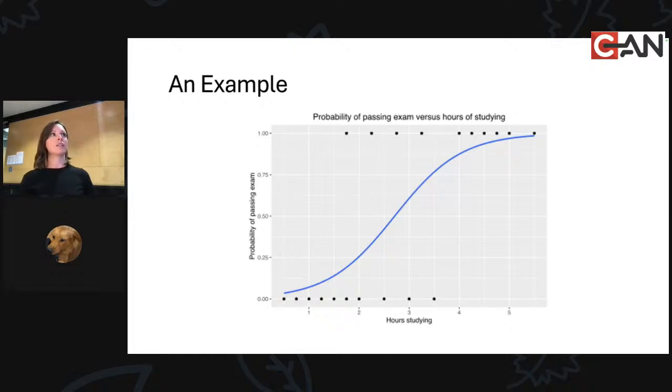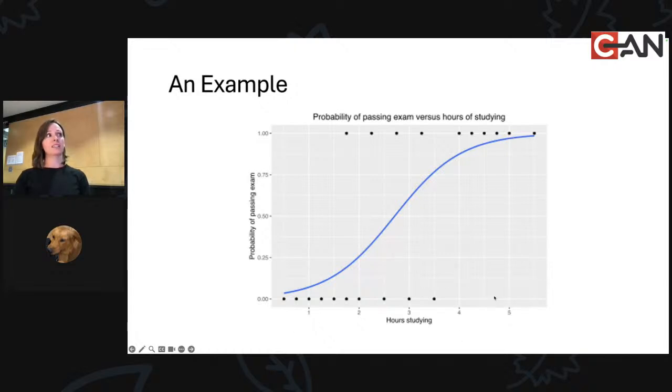Well, there is some probability of you passing an exam versus number of hours studying. So maybe you're in chemistry and you have to study a ton. And there are some students that spend a lot of hours studying, like 5 hours studying for their exam. And those students that spend 5 hours, they all pass their exam.